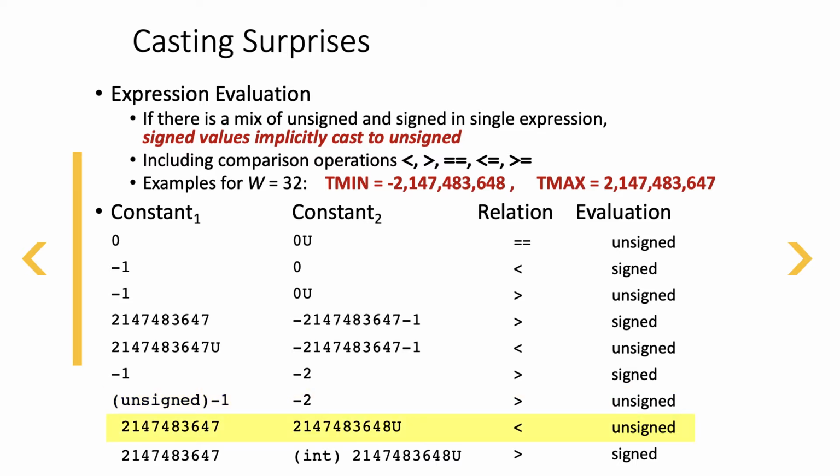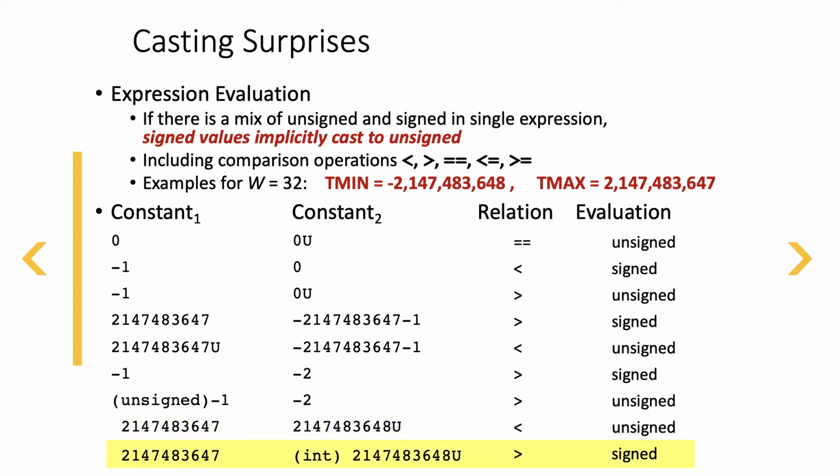If we compare T max to basically T max + 1, but unsigned, then that gets evaluated as unsigned, and that works pretty much the way we would expect it to. Although keep in mind that if we tried to do that constant 2 value as a 2's complement, it would do weird things. It would end up wrapping around on us and becoming a negative value.